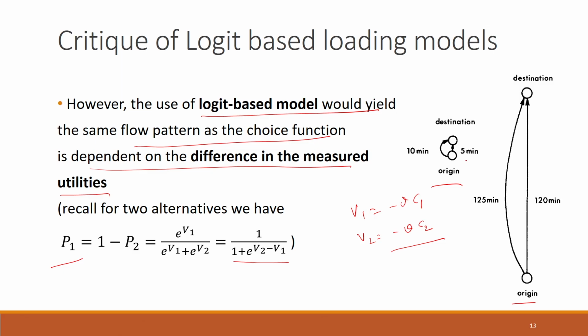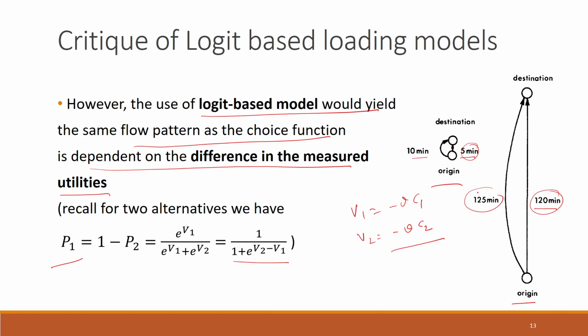So, the probability of choosing this 5-minute path is coming out to be the same as the probability of choosing the 120-minute path in both of these cases, if we are assuming that the flow distribution is happening based on the Logit model. But in the real world case, we can assume that people will be differentiating and choosing this 5-minute path over the 10-minute path more than they would be choosing this 120-minute path over the 125-minute path.